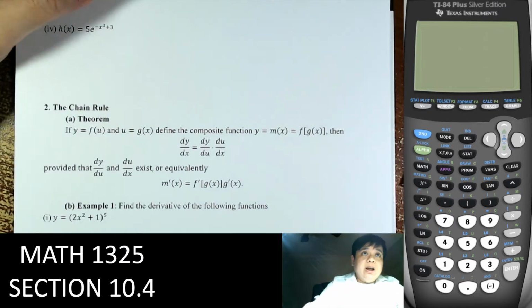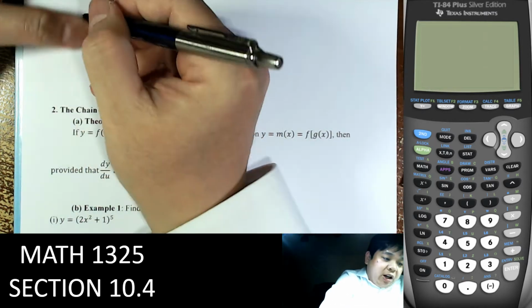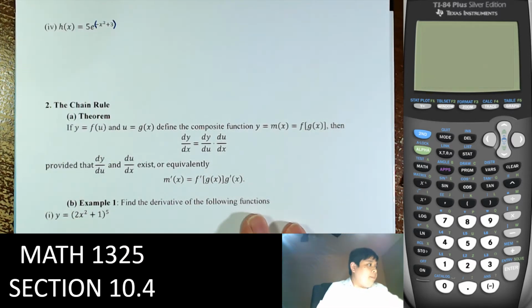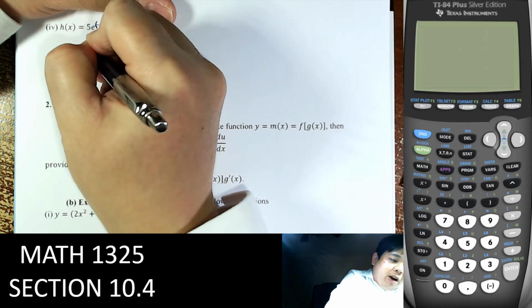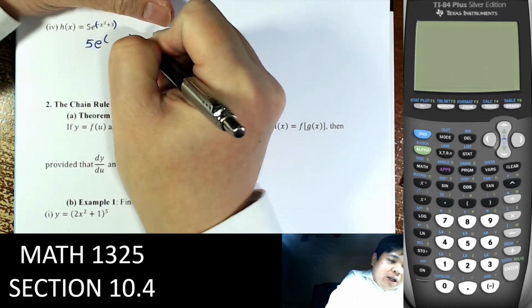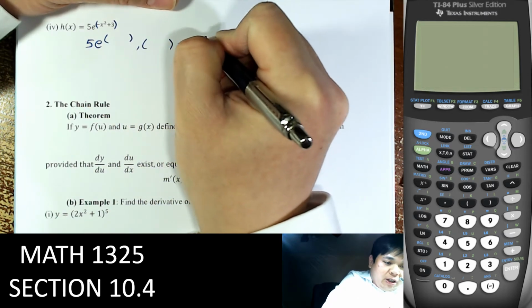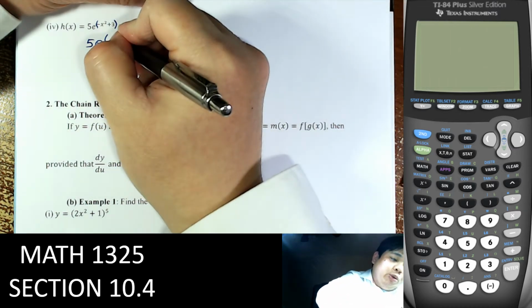Right. Here we can say we put the parentheses around negative x squared plus 3. So we have 5e to the parentheses, then the parentheses equal to negative x squared plus 3, right? Any variable will do.